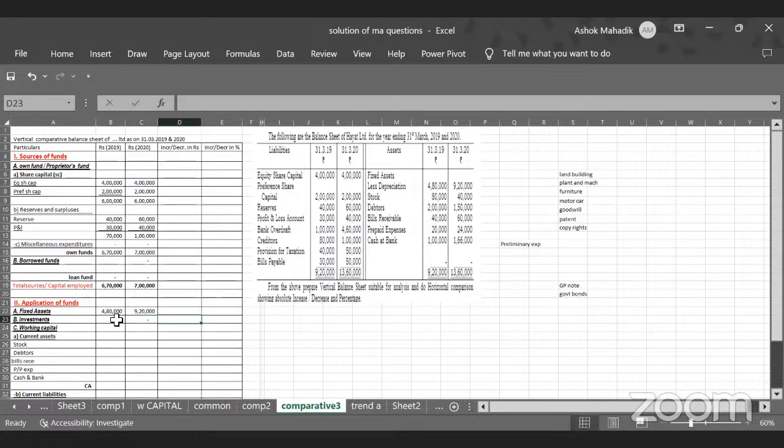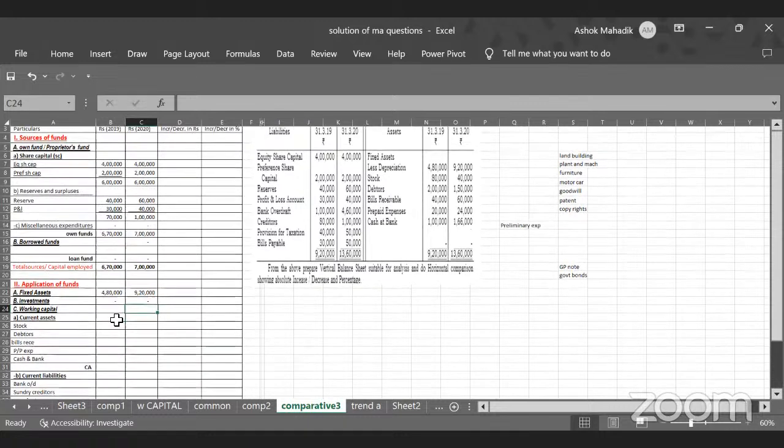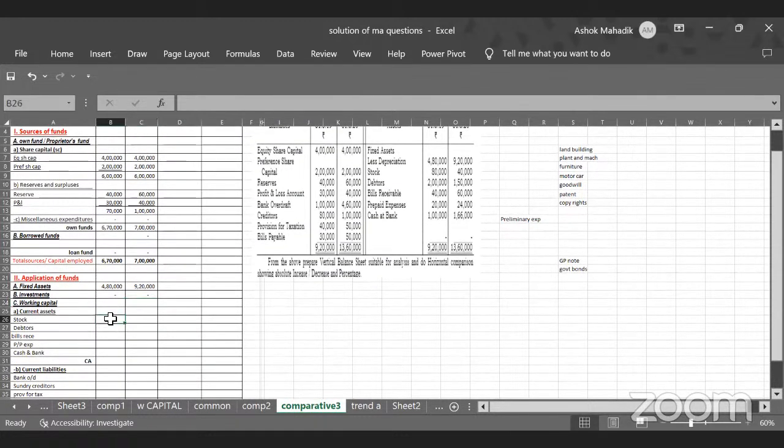Then working capital. We just solved one sum of working capital. You know what are the current assets and current liabilities. Now you can see all the remaining items on the asset side are current assets, isn't it? So we'll just put the values in current assets. 4,80,000, that was fixed asset. 80,000 and 40,000.